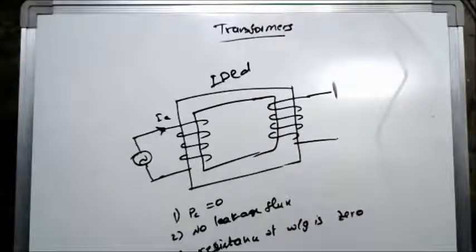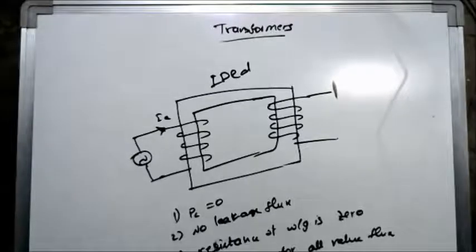Fourth, it is linear for all values of flux, that is phi is directly proportional to IE. Exciting current is directly proportional to phi. This is all our ideality of the transformer.